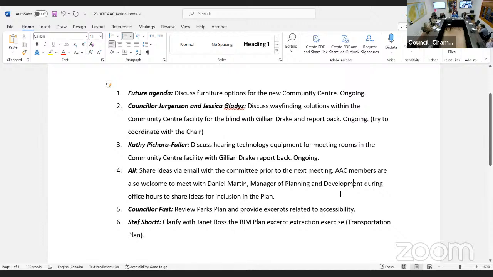And then we had some reports back from Councillor Fast and from Robin, and I'm thinking there was somebody else. Robin completed the transportation plan that's flagged here for Janet. Yeah, Robin and Angus. So Councillor Fast's action to review the parks plan, she did.